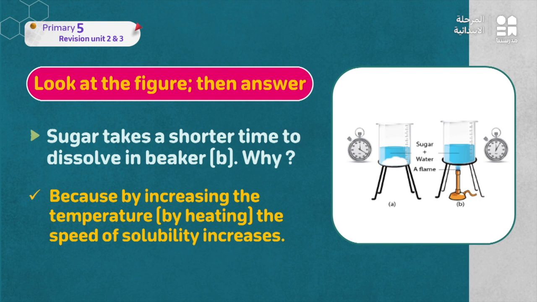So in beaker B, the solubility speed increases more than in the other one.